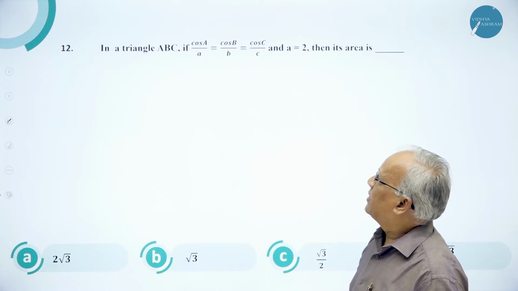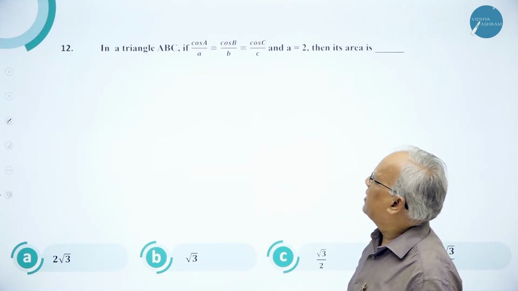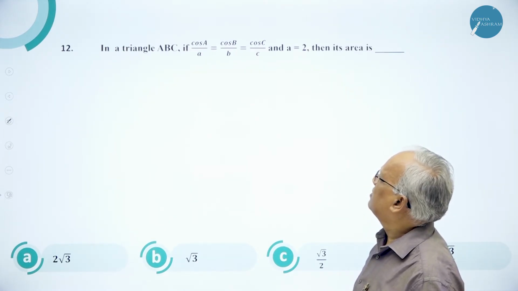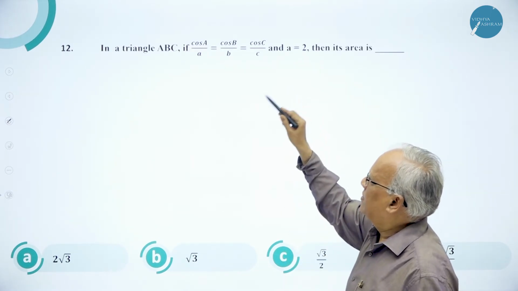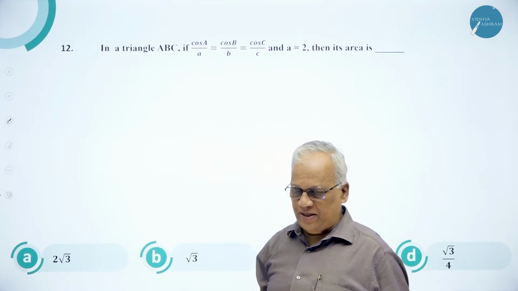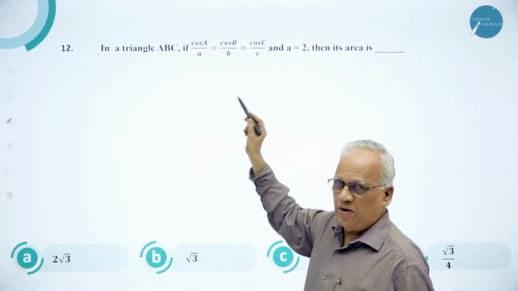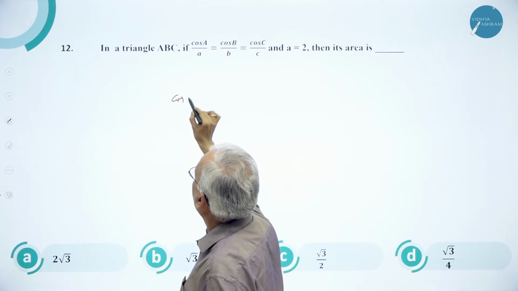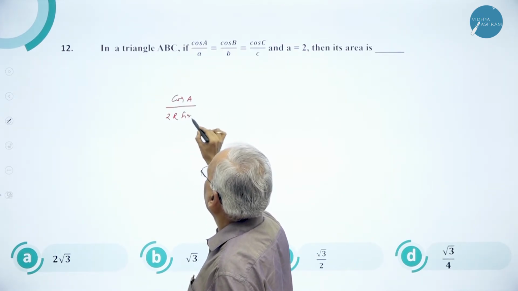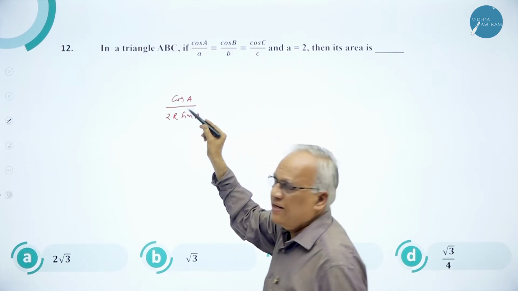Next one, in a triangle ABC, cos A by a, cos B by b, cos C by c are equal and a equal to 2. See, this is in a supplementary part of your syllabus, sine rule, cosine rule, all that. So using this, I can write this as cos A divided by 2r sin A because of the sine rule. a by sin A is 2r.